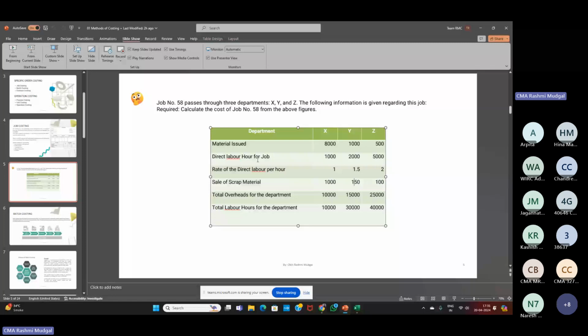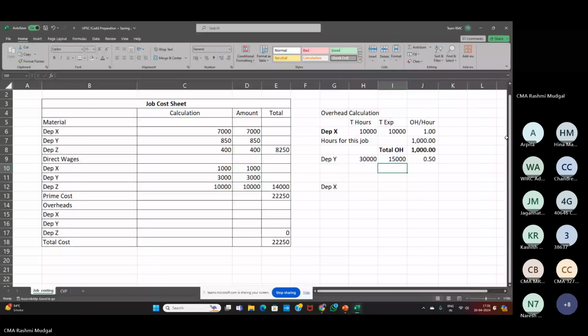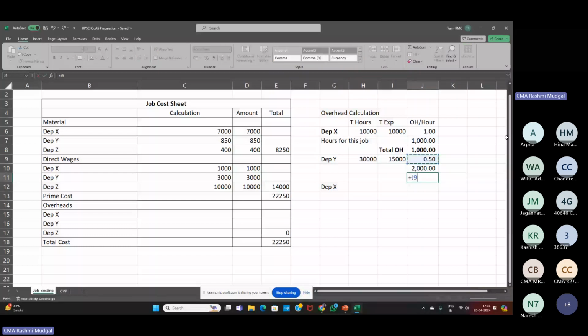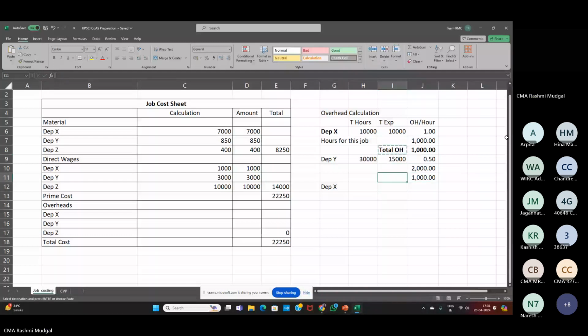We have spent 2,000 hours. So we will calculate it with the 2,000. The total cost will be 50 paisa into 2,000. This will be the department-wise overheads.